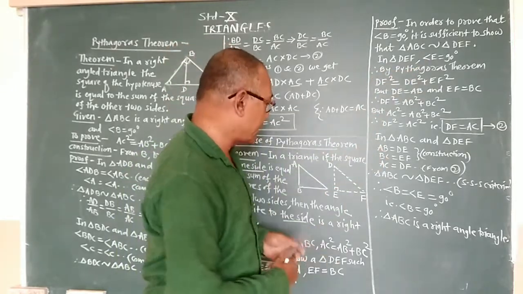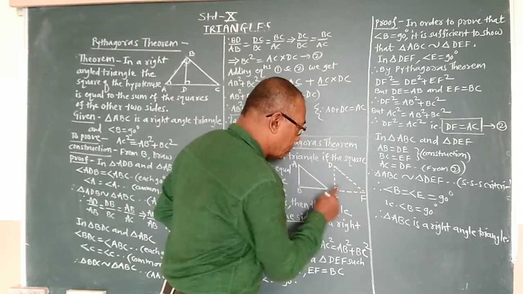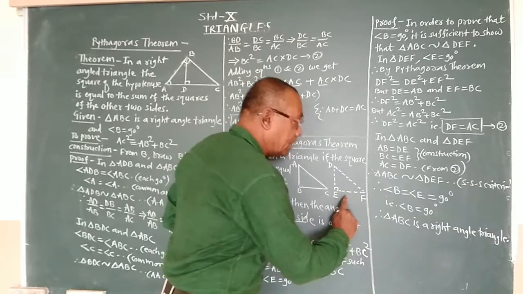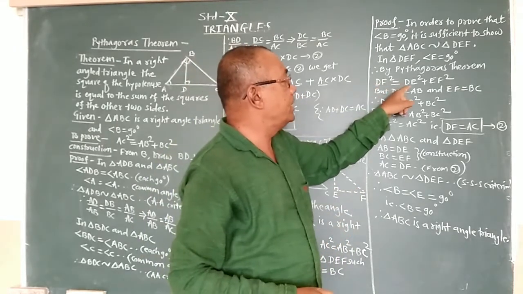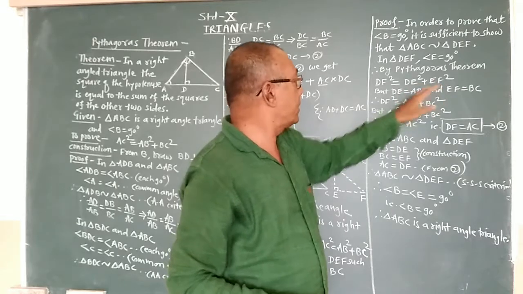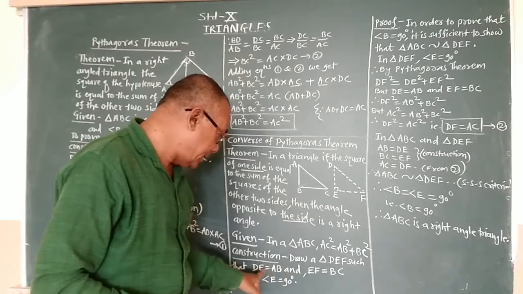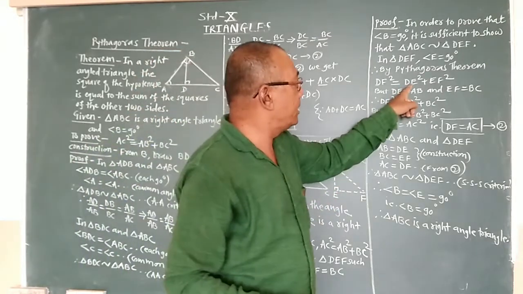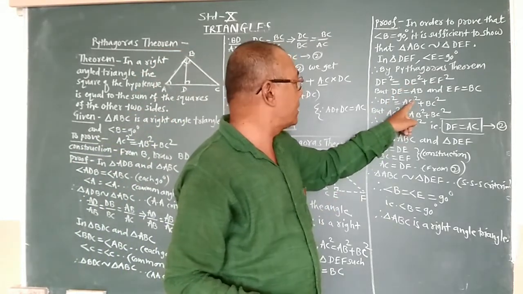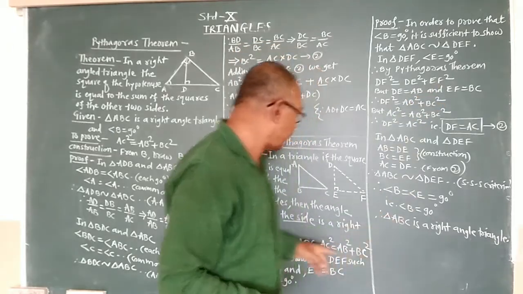By Pythagoras theorem, we can write that DF square is equal to DE square plus EF square. But we know that in the construction DE is equal to AB, so instead of DE I have written AB square plus EF square.